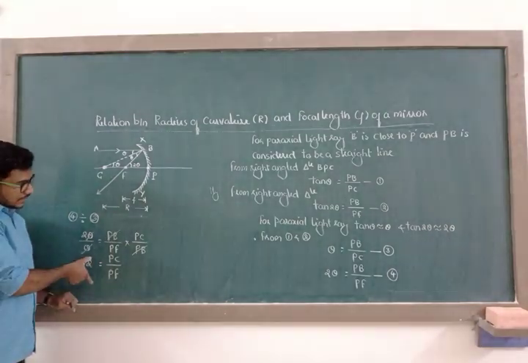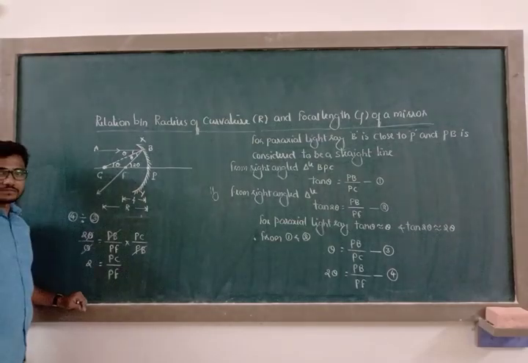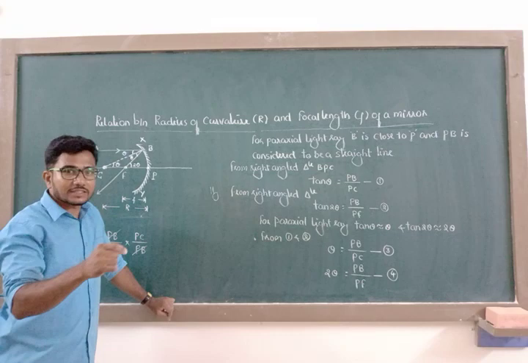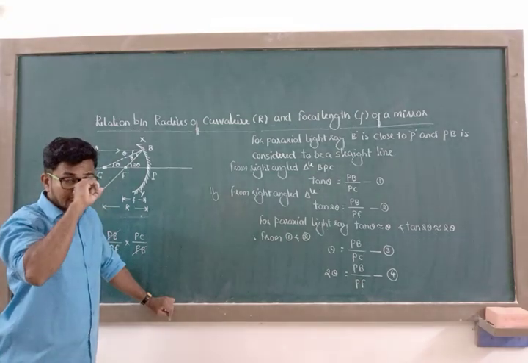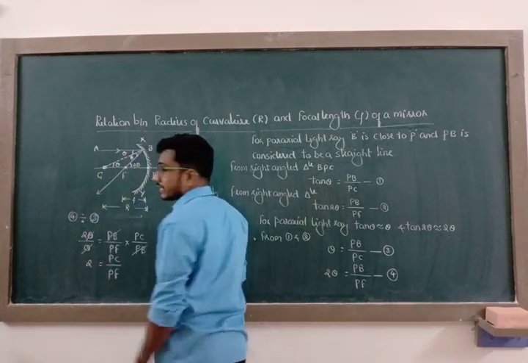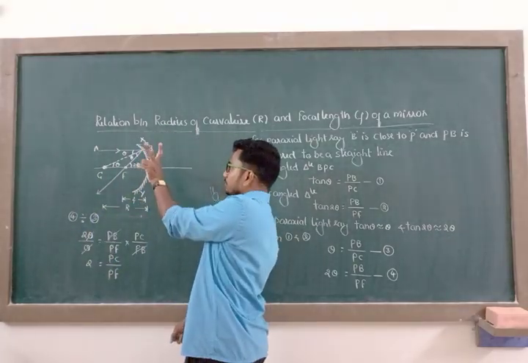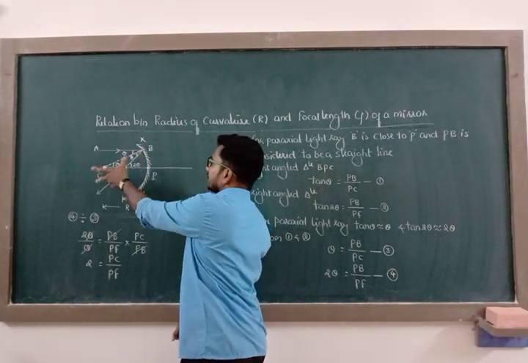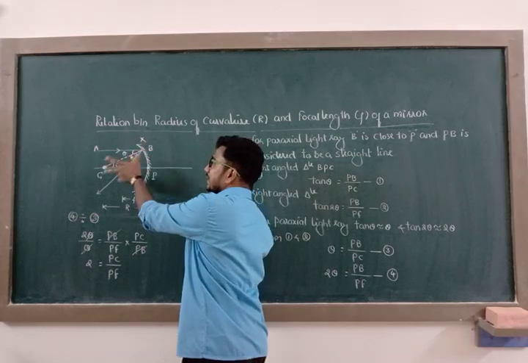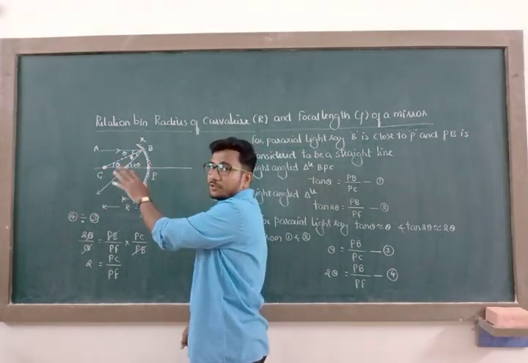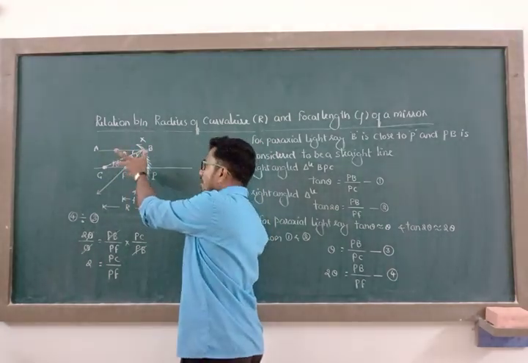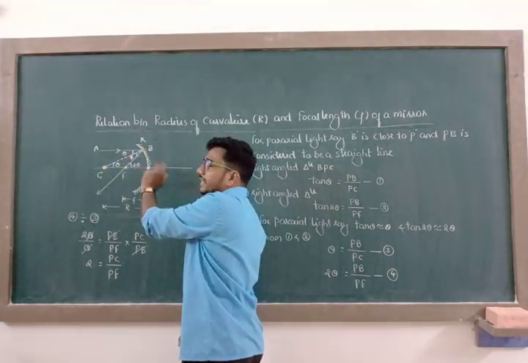Now let us apply Cartesian sign convention. According to Cartesian sign convention, all distances are measured from the pole along the principal axis. So here PC is nothing but the radius of curvature. If the distances measured in the direction of incident light are taken as positive, if the distance is measured in the direction opposite to the incident light, it is negative.